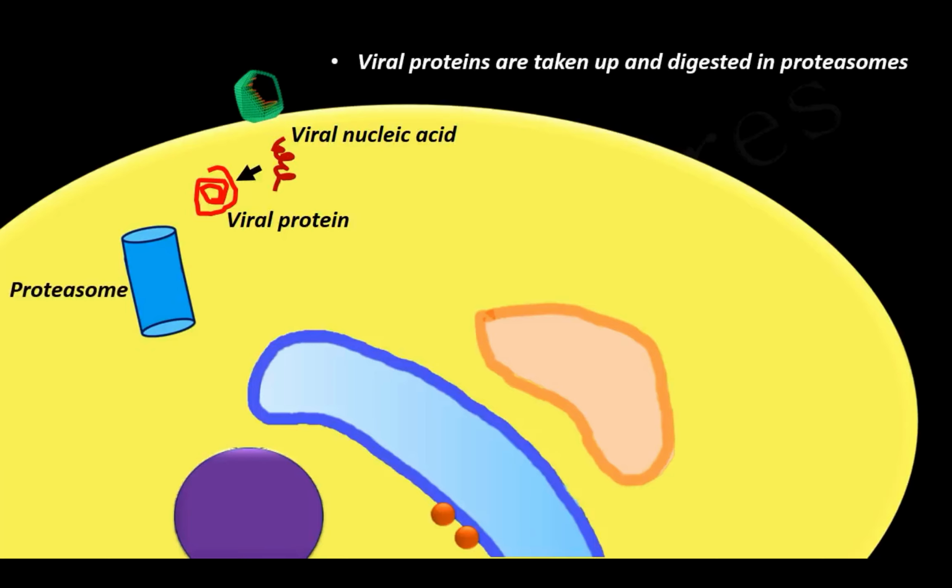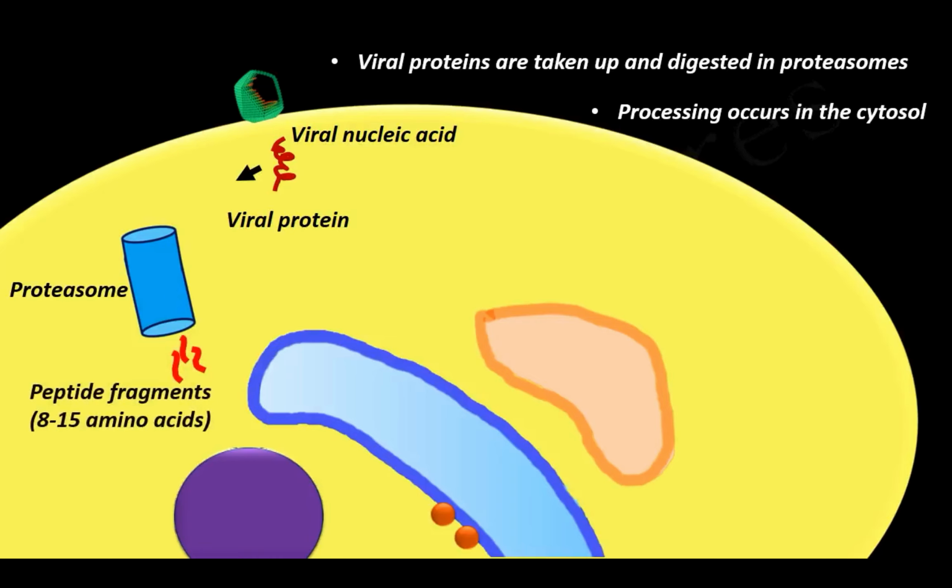Proteasomes are present in the cytoplasm of all cells and are made up of 12 to 15 protein subunits. By the term proteasome we understand that these structures have proteolytic activity and thus they are able to degrade cytosolic proteins into peptide fragments. These fragments are about 8 to 15 amino acids long. So, viral proteins are digested by the proteasome into peptide fragments.